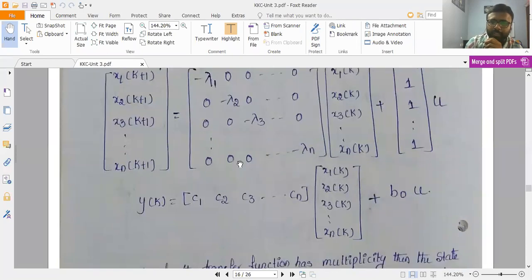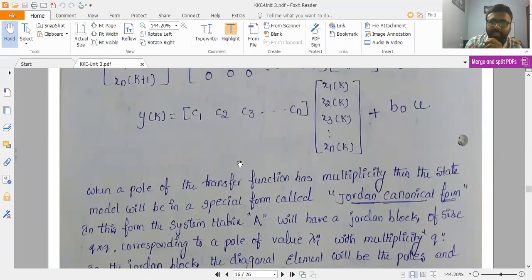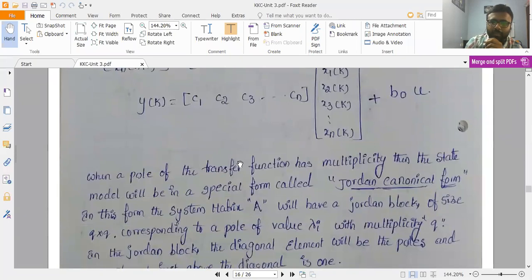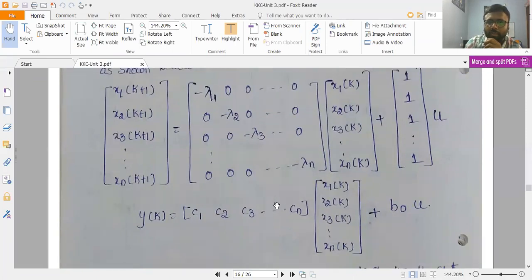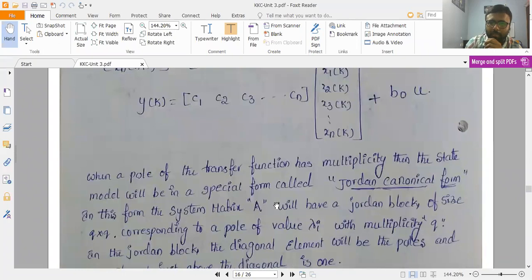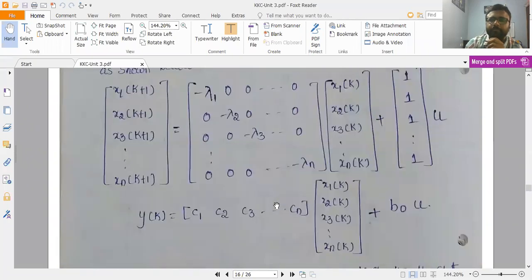This matrix is going to have a specific feature: in this matrix A, we are going to build up a Jordan block. In this matrix A, all the diagonal elements are presented, and above the diagonal elements, a unit value, not a matrix, is going to be obtained.